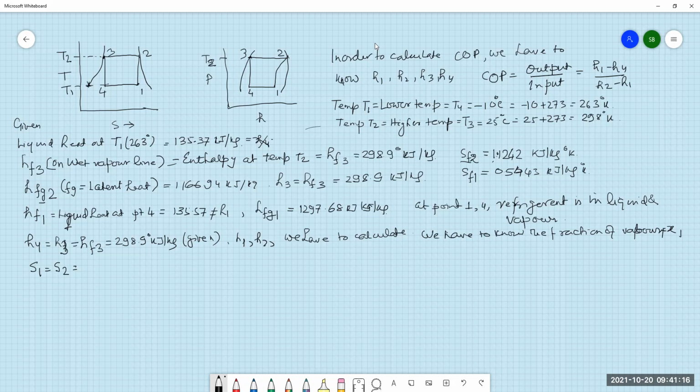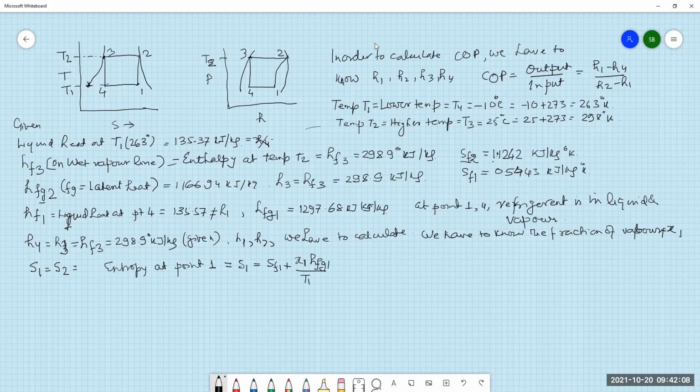So what is the entropy at point 1? S1 is equal to the entropy at the fluid point, SF1, somewhere here, plus x1, the fraction of vapor, multiplied by HFG1, the latent heat of vaporization, divided by the temperature T1 itself.